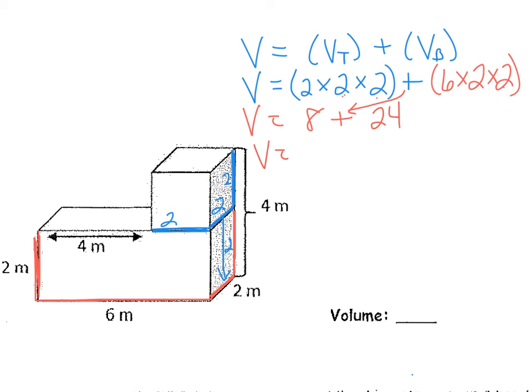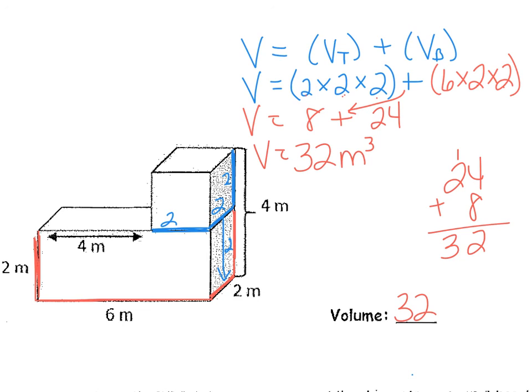If I need to, I'm going to line it up vertically so my ones are lined up. 4 plus 8 is 12, right? The 2, carry the 10. 1 plus 2 is 3. So 32, what's the unit? Meters, and because it's volume, it's cubic meters. So my final answer is 32 cubic meters.